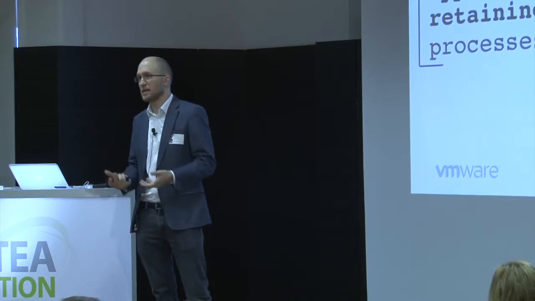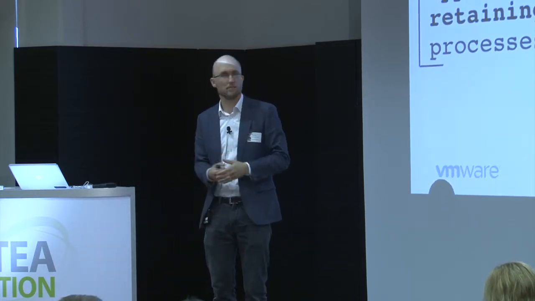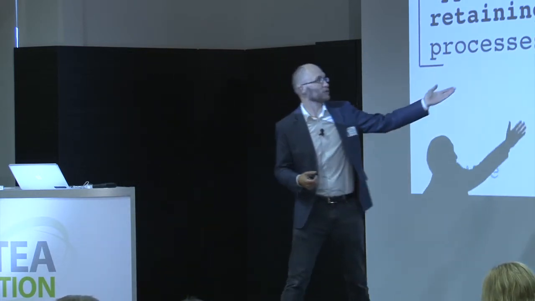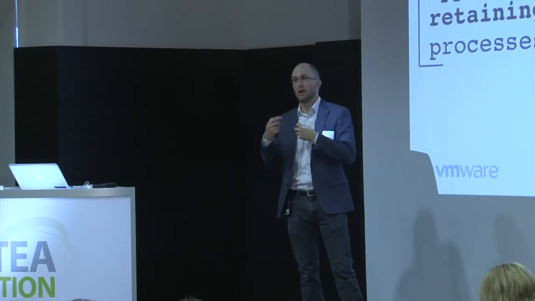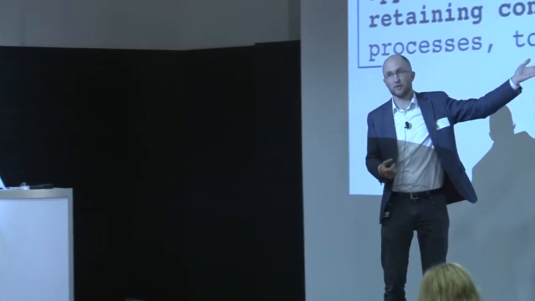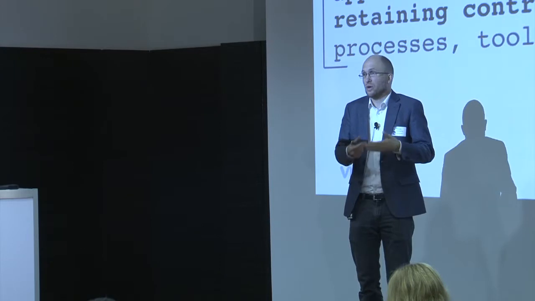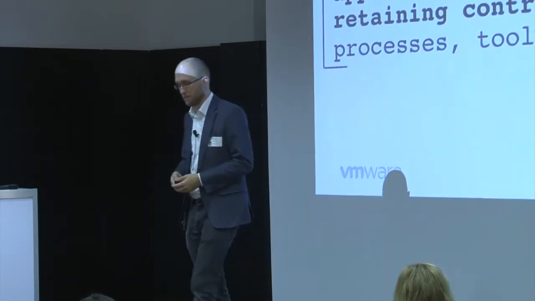So you don't have to change your ways of doing, for example, automation if you do any scripting. You don't have to change your monitoring tools. You don't have to change the processes around how you deploy a virtual machine. And basically, you don't have to train your people because they will know what vSphere is. So they will also know how to manage vCloud Air.